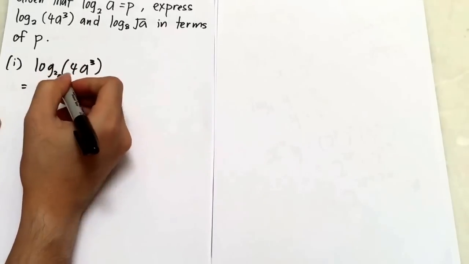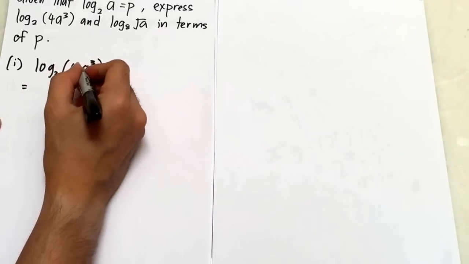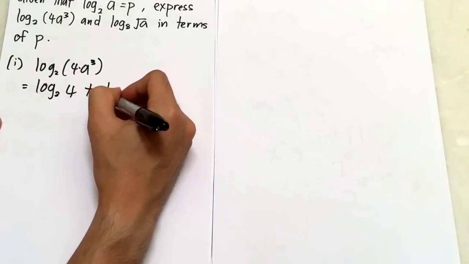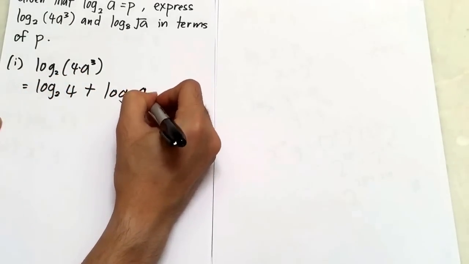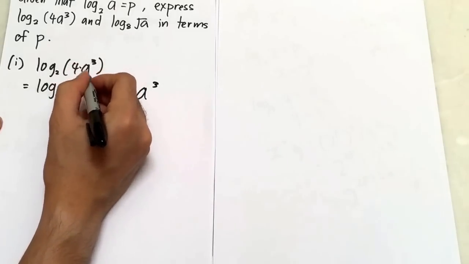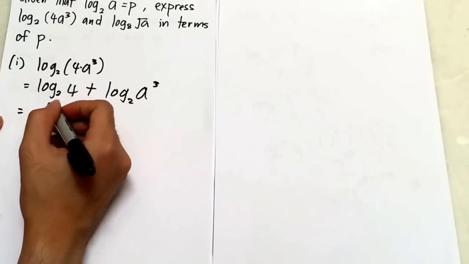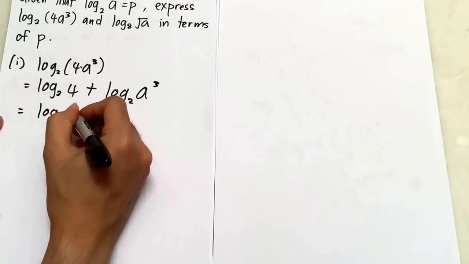The log rule tells us that this is multiplication, so we can always change it to plus: log 2 of 4 plus log 2 of a power of 3. Just remember, multiply you can change to plus, divide you can change to minus. So log 2 of 4, let me do it step by step, is 2 power of 2.